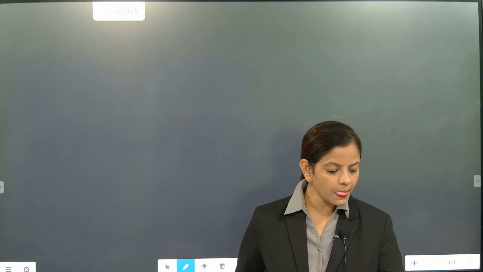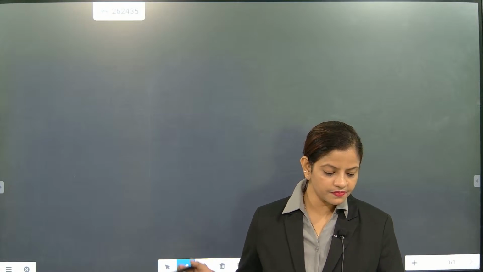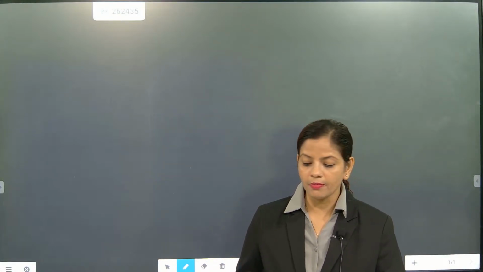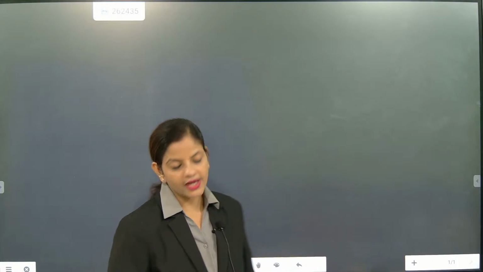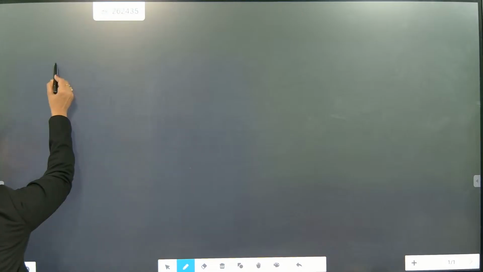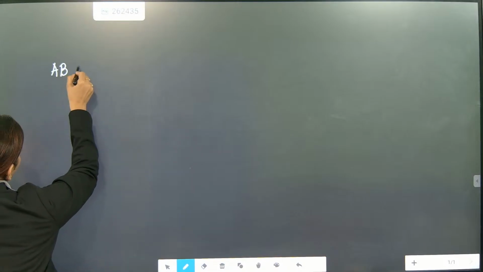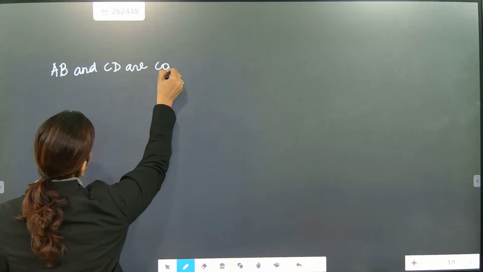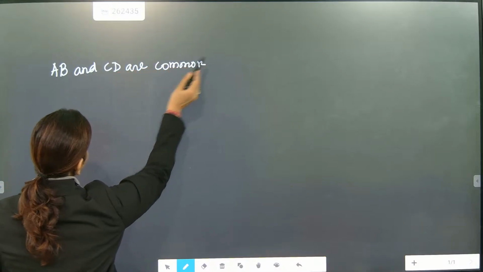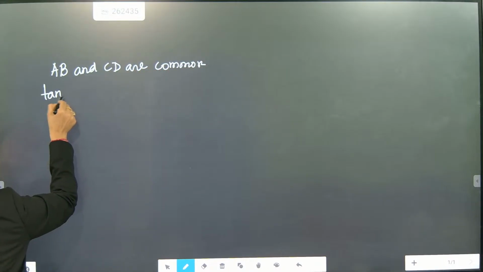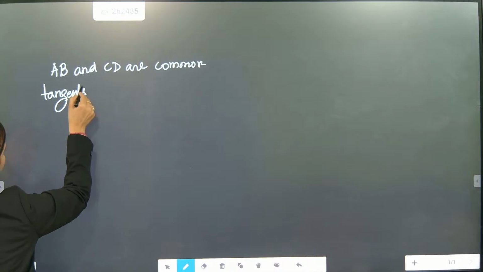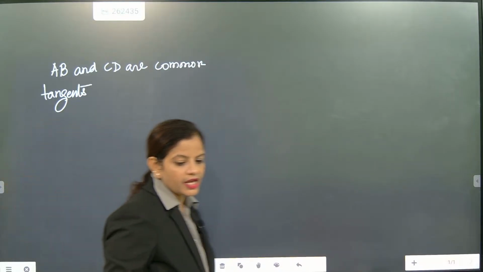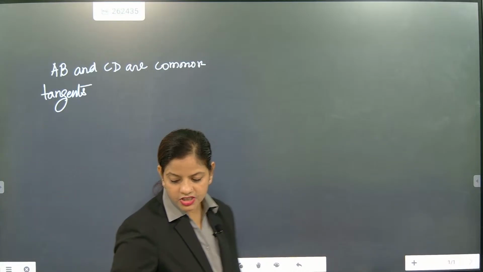Write the question. AB and CD are common tangents. What are they?